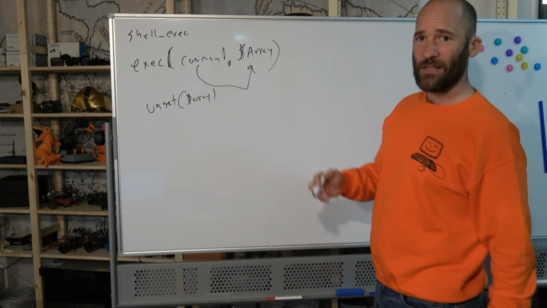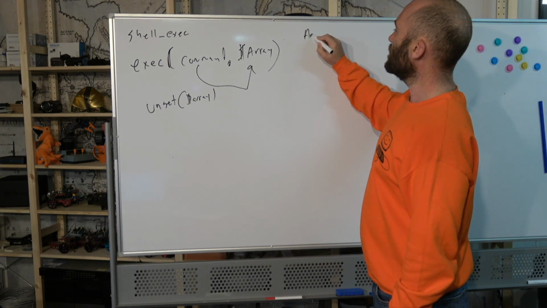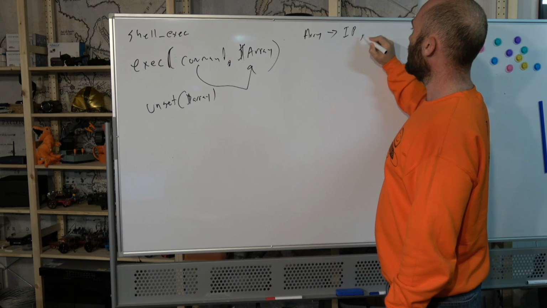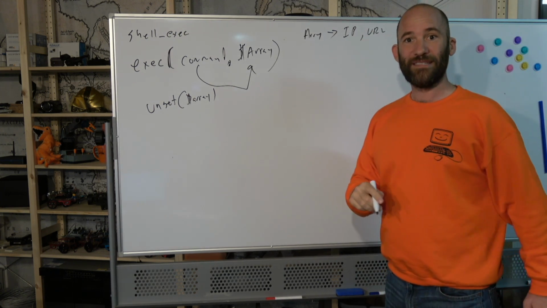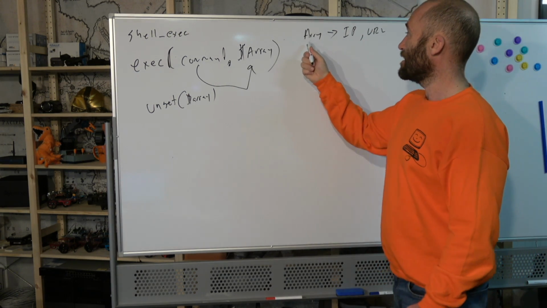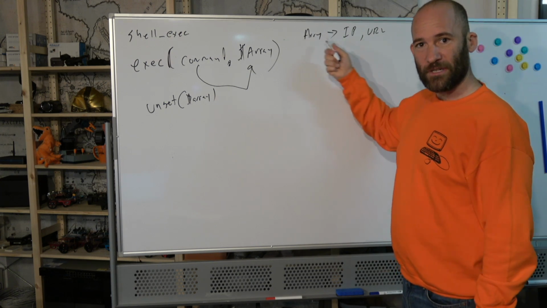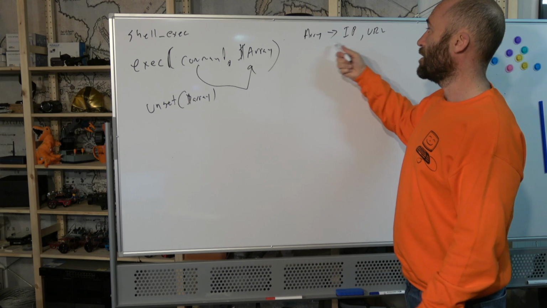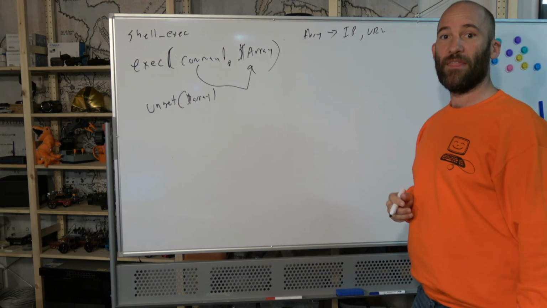So the logic of what's happening here is, first, we're going to have an array, and this array is going to have all of the IP addresses and all of the URLs that we are going to try to ping, right? So google.com, facebook.com, 10.0.1.1, 10.0.1.24, and so on and so forth is going to be in this array.